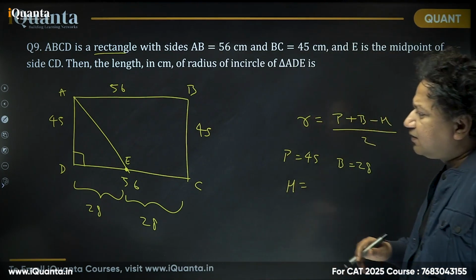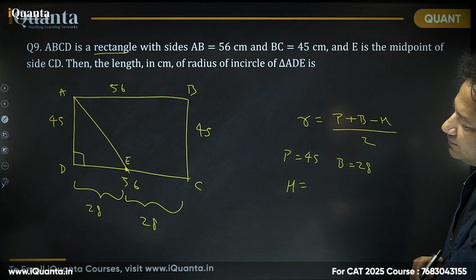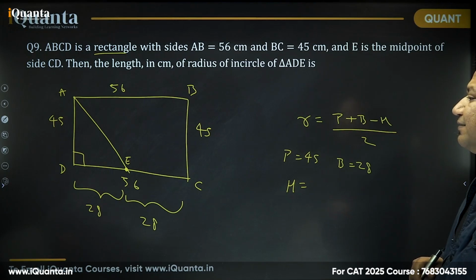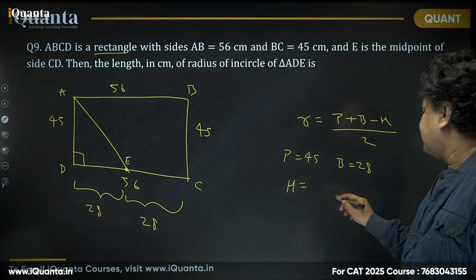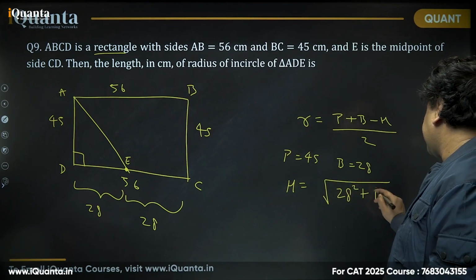So hypotenuse, 45 and 28. What's the HCF of these two? 45 and 28. Nothing is there. So we need to calculate it. So we'll be having 28 square plus 45 square.